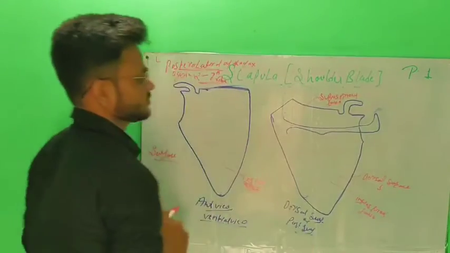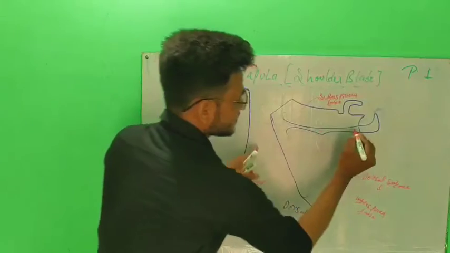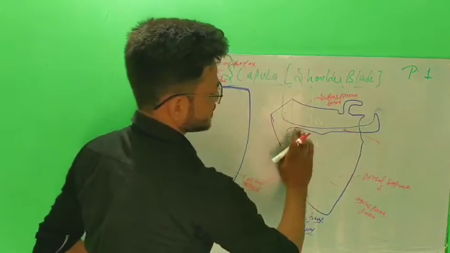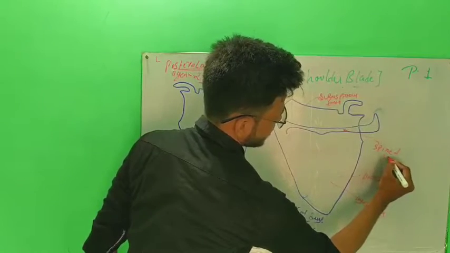Why is it called supraspinous fossa and infraspinous fossa? Because this is our spinous process, the spine of scapula.